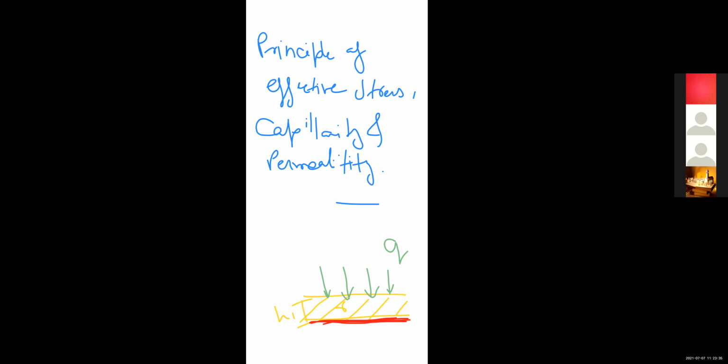Normal stress acts at the bottom of the soil layer. How do we calculate stress? If force or load is given, then how do we calculate stress? Ma'am, load by area. Load by area. Okay.